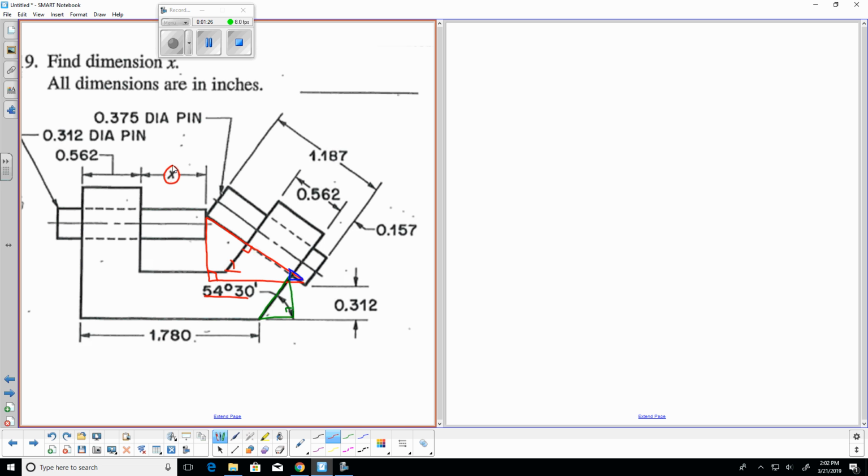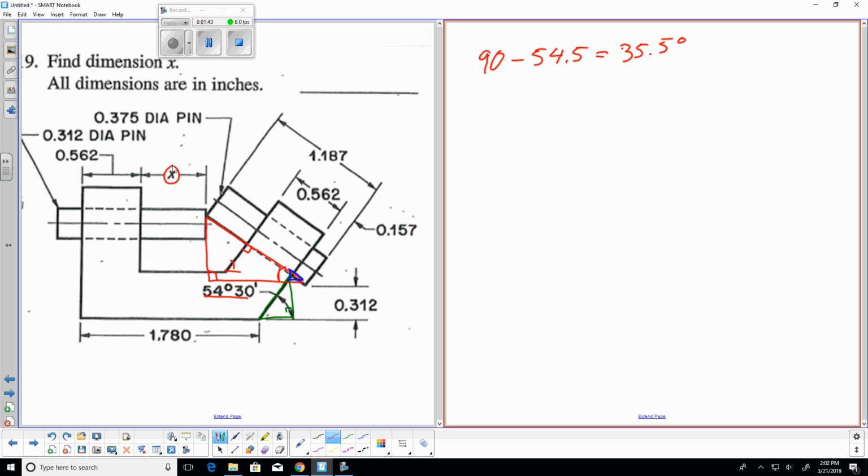So this blue triangle angle, or this angle right here, is going to end up being 90 minus the given angle. So 90 minus the 54.5 is going to give us our angle of reference, which is 35.5 degrees. Now that's this angle right here, as I'm talking about. So that red angle is also shared with the blue.